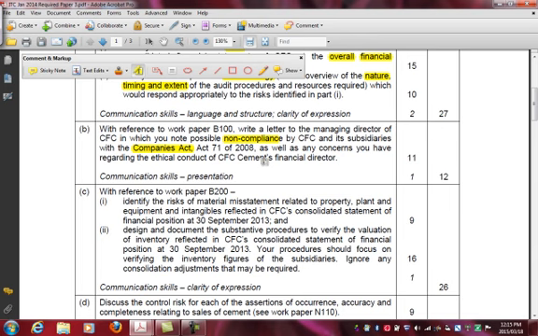Okay, guys, we did identify that there was a possible ethical issue in the scenario. The non-compliance with the Companies Act is in terms of the remuneration that wasn't being approved by shareholders, as well as possible non-compliance with share buybacks in terms of Section 48.